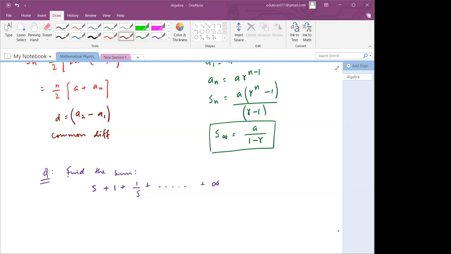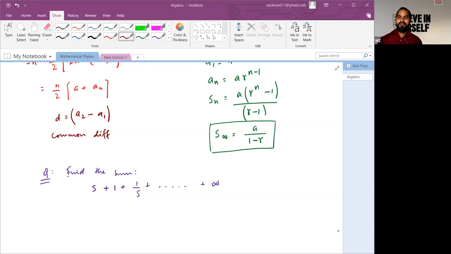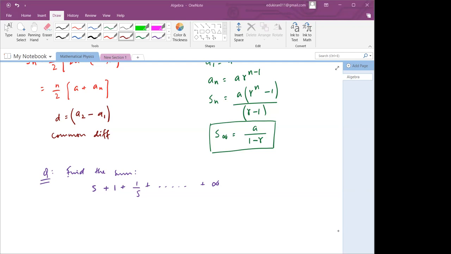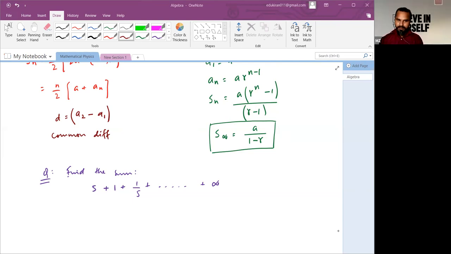Sir, can you please solve it once? Okay. Shakir, have you solved? No, sir. Actually, I didn't understand the geometric series. Say we have this series and we have to determine whether it is AP or GP. To check AP, we calculate D, the common difference, which is the difference of two consecutive terms.